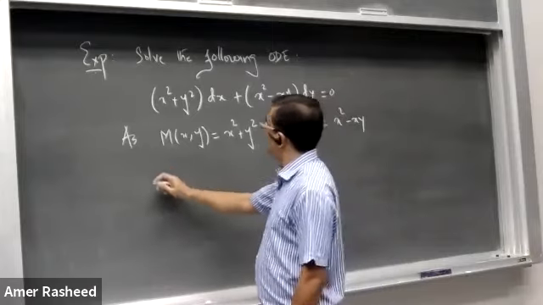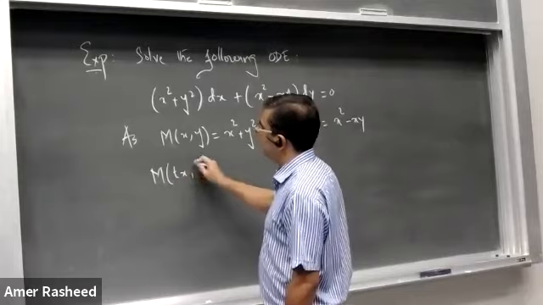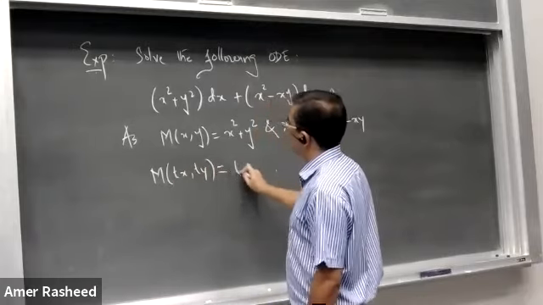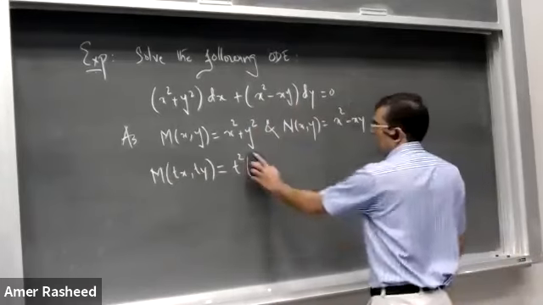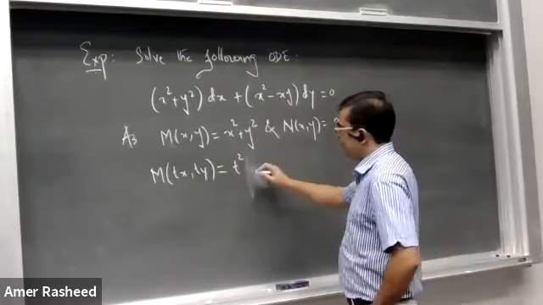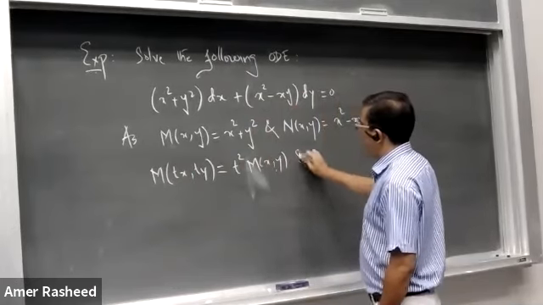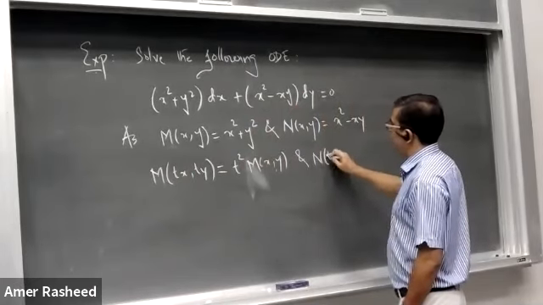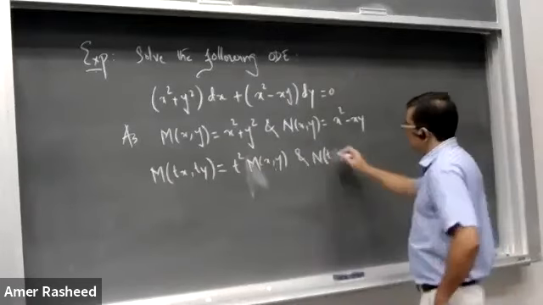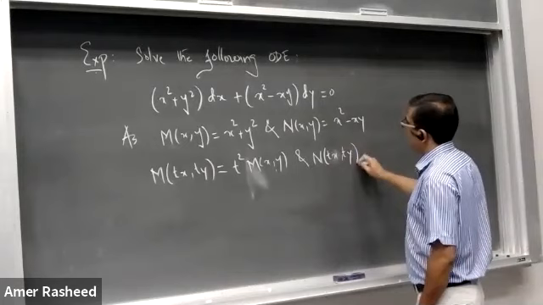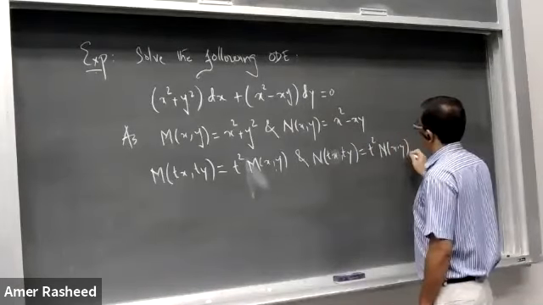Now, M of tx, ty is equal to t squared M of x,y. I can directly write it, though you have to check it. And N of tx, ty is again t squared N of x,y.